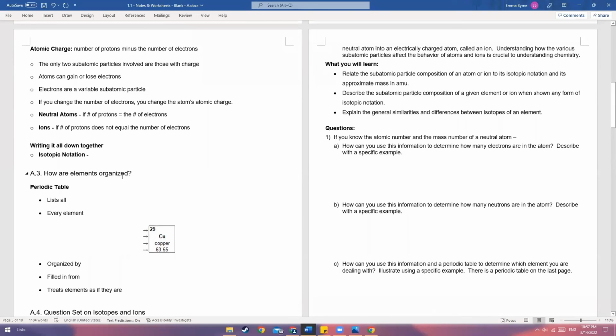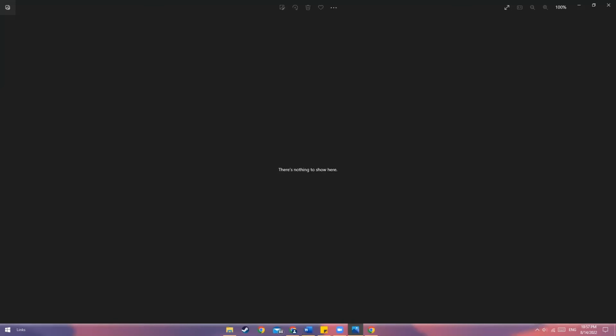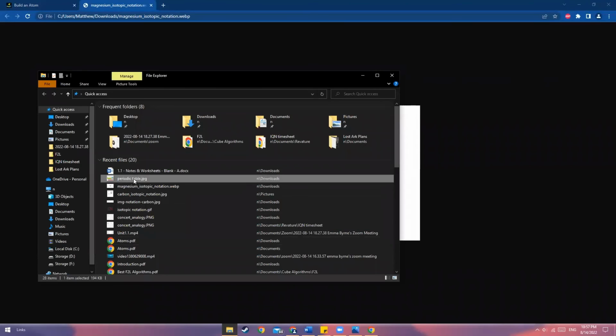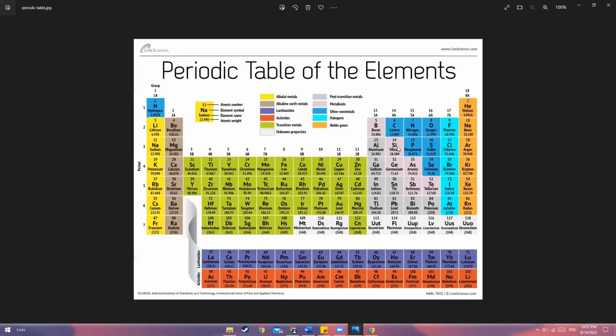So how are elements organized? The periodic table lists all elements, and every element has its own box. It's sorted by atomic number, with the low atomic numbers starting up here, and it tends to read like a book.